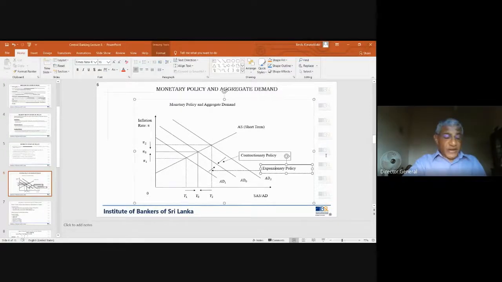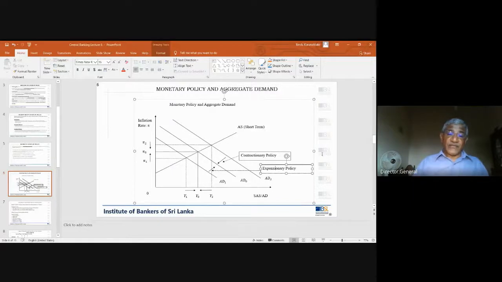Explain the differences between contractionary monetary policy and expansionary monetary policy, and explain the circumstances under which a central bank could conduct contractionary or expansionary policy.